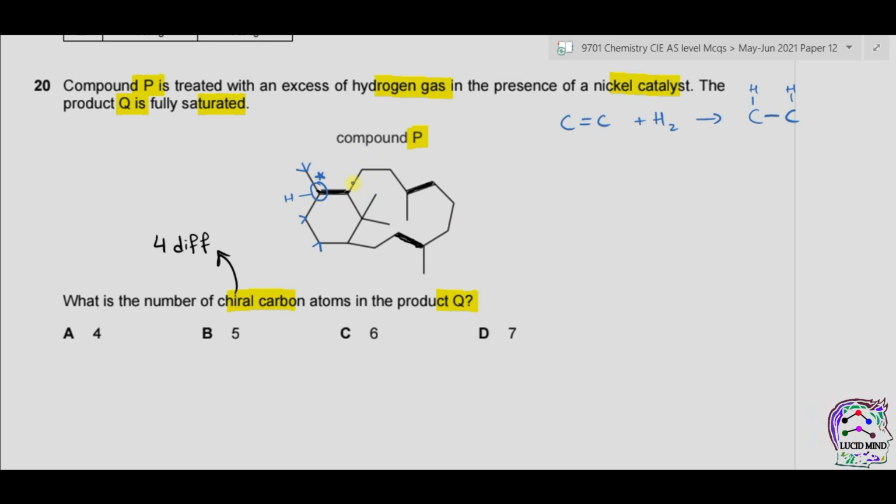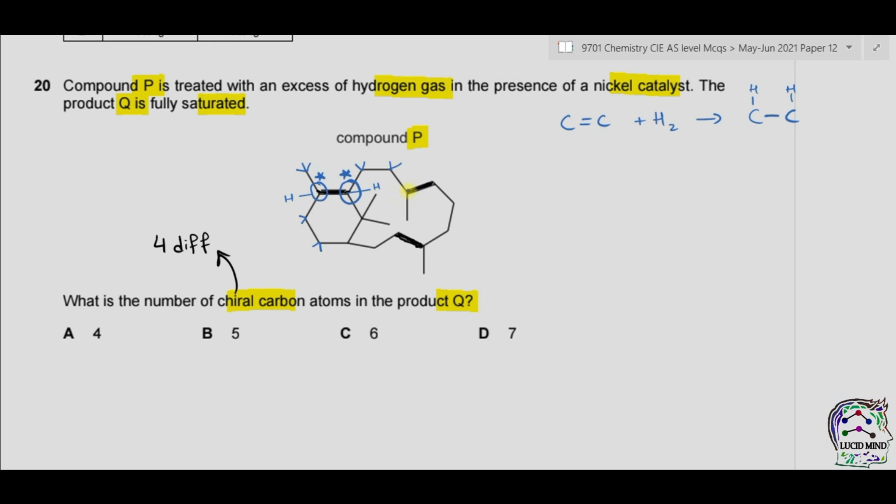Now looking at this carbon, we have 3 single bonds and 1 hydrogen is also present. This carbon is chiral because all 4 groups are different. One is hydrogen, one is this group, and one is this group. Now moving towards this carbon, we have 2 identical hydrogen atoms, 2 identical hydrogen atoms on this one.